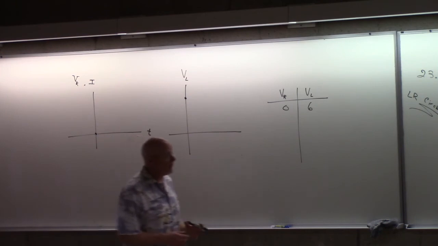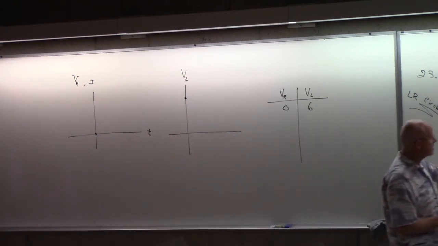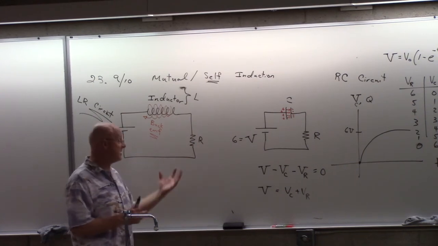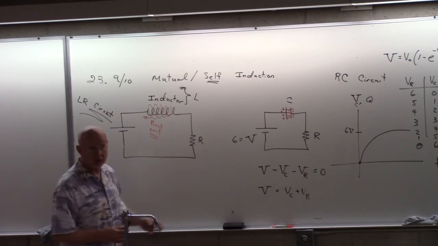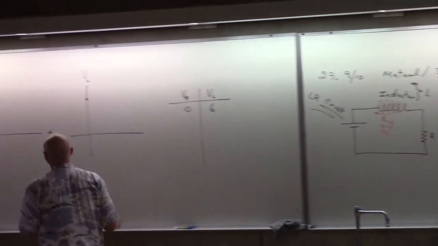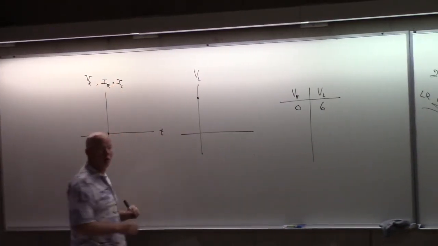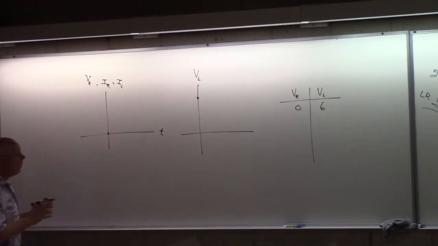Now, I'll also point out that this inductor and a resistor are in series. So whatever current I say is in the resistor, it's also in the inductor, so keep that in mind. So maybe I'll put current in the resistor, but this is also current in the inductor, because that's my ultimate goal here, to say, what is going to be the current in this inductor?